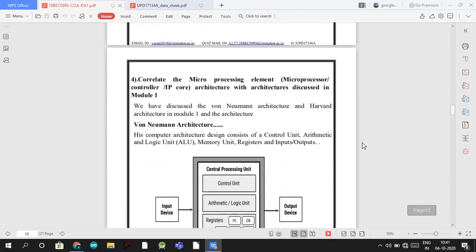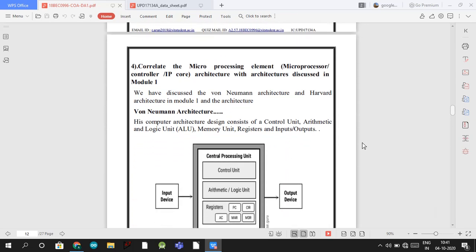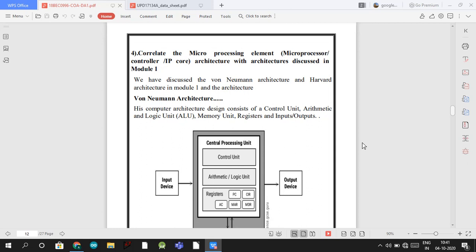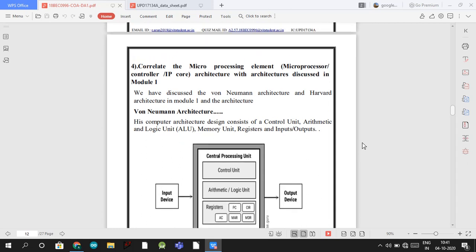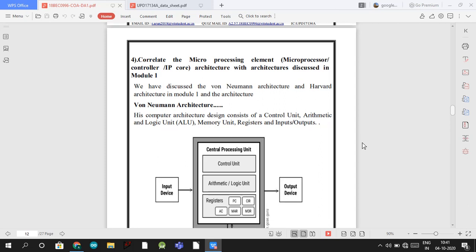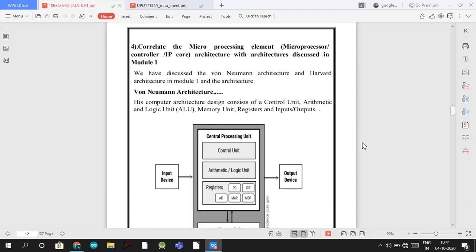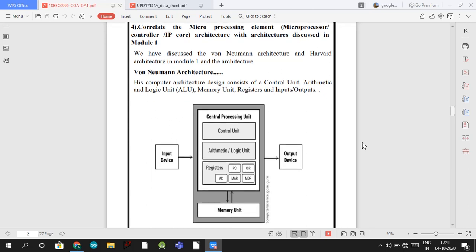Okay, let's see the UPD17134A basic architecture, which is consistent with the architecture discussed in module 1. In module 1, we discussed the Harvard hardware architecture and the von Neumann architecture. The Harvard architecture is not included in this UPD17134A. In the von Neumann architecture, you can see the input device is interconnected with the central processing unit, and the central processing unit is interconnected with the memory unit.